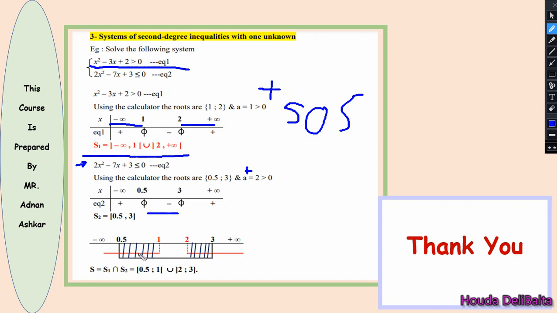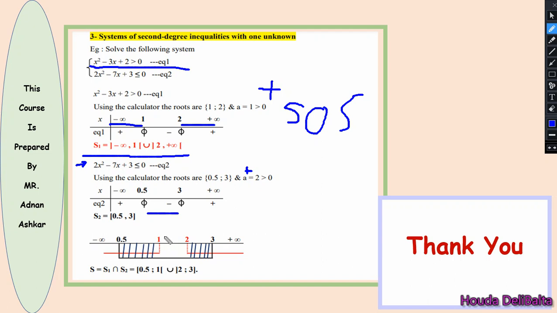Now, here is the number line to sum up the solution. The solution is the intersection between S1 and S2, so we use a number line. And we arrange the values of the roots in increasing order from the least to the most. So 0.5, 1, 2, and 3. According to the first solution in red, we have it from minus infinity to 1. It is open at 1.